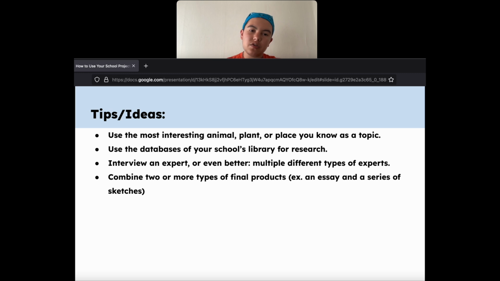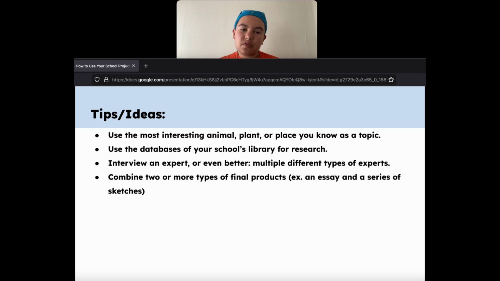You can also use the databases of your school's library for research. Those are very helpful and can help you get out of the rut that sometimes Google can stick you in with, not really knowing, is this a trustable source or not? The databases are usually better with that.